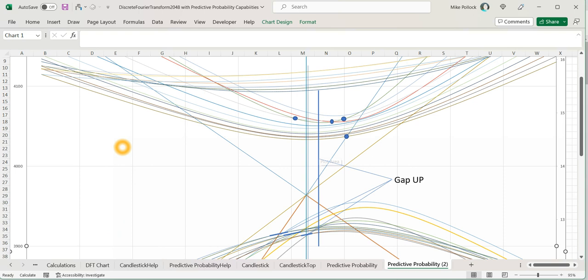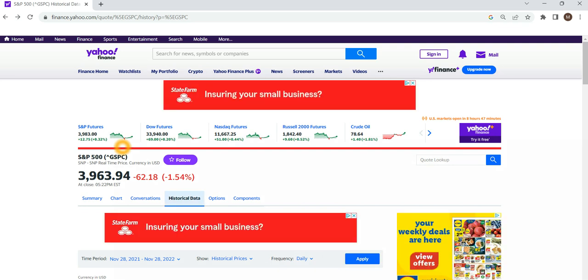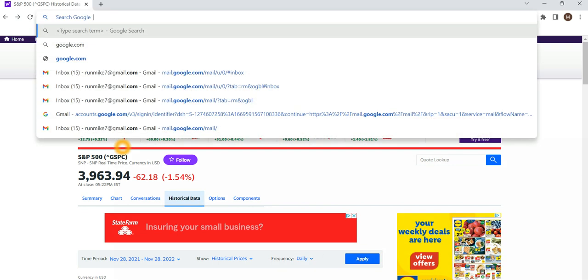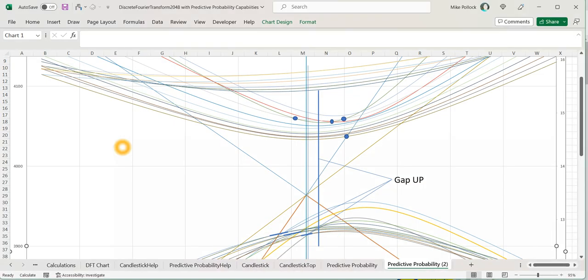We see here's where the gap up is right now. If you want to see that, let me refresh this page. Here we see we're up $12. So let's see where that is on the chart. And that's where I've drawn this, I think.